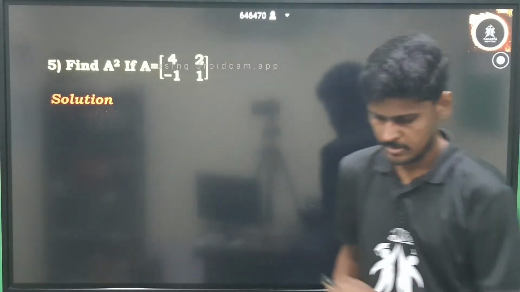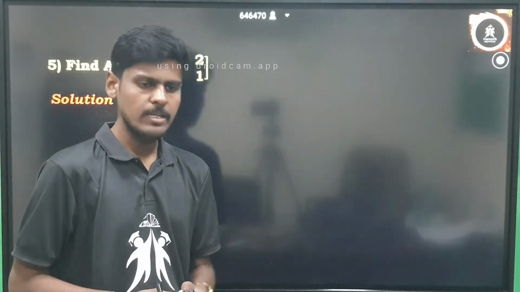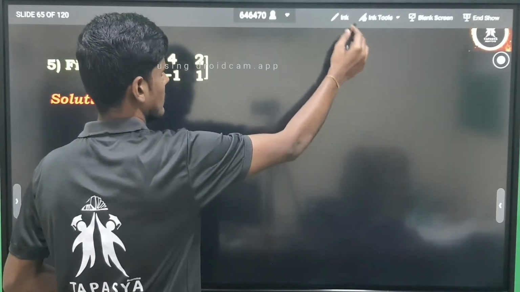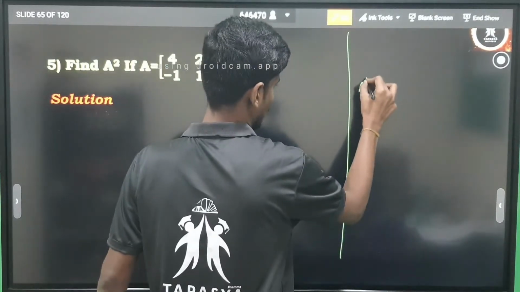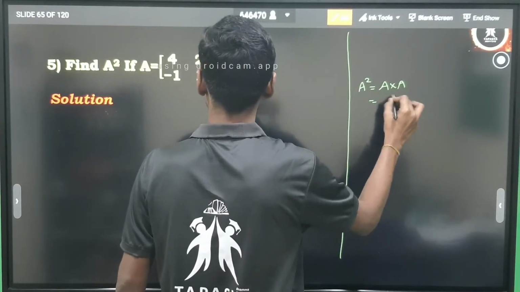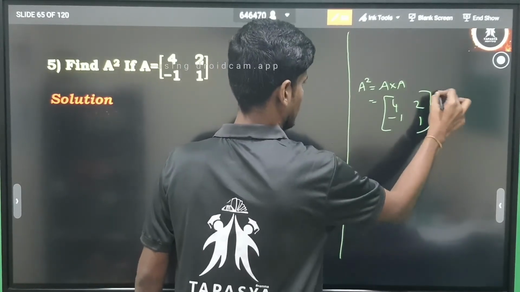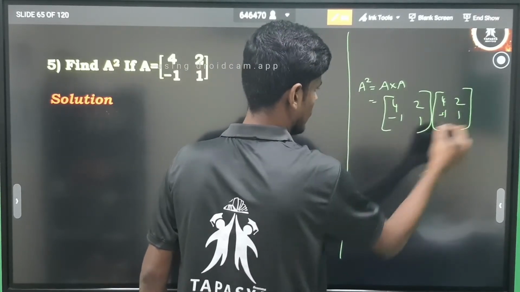Next question. Find A square. Now A square is nothing but A into A. That means we can multiply the same matrix twice. A square is nothing but A into A, which is nothing but 4, 2, minus 1, 1 into 4, 2, minus 1, 1.